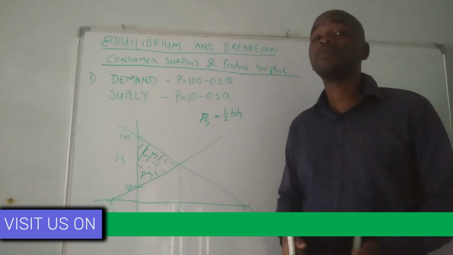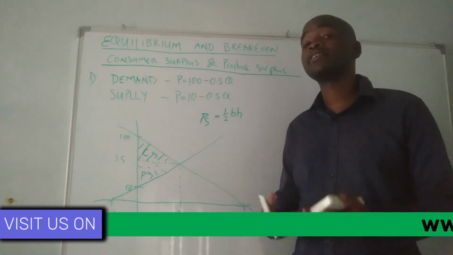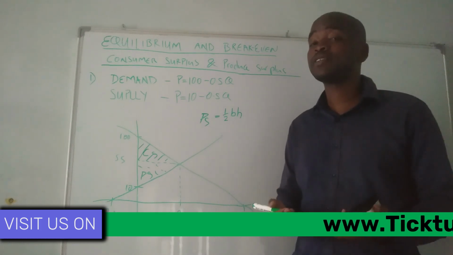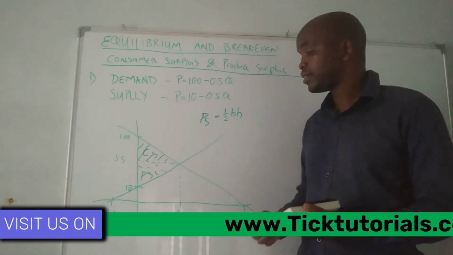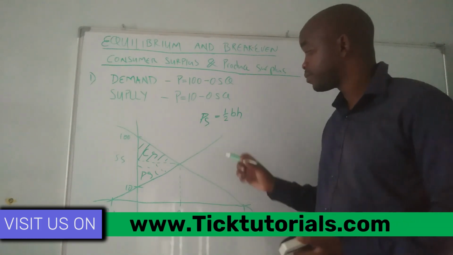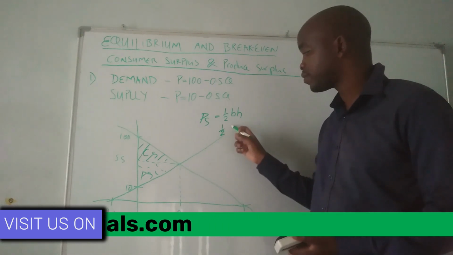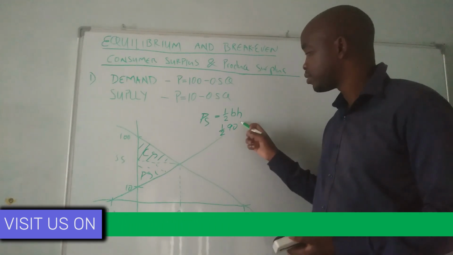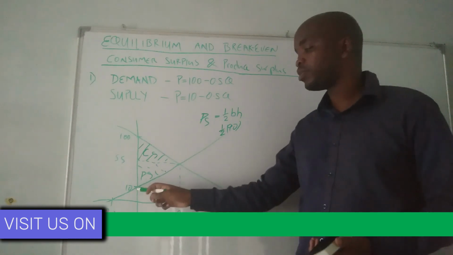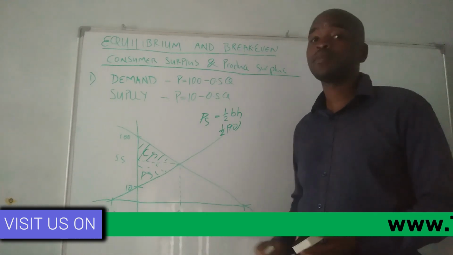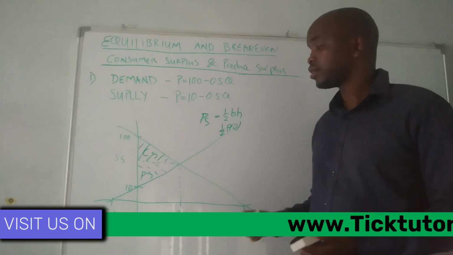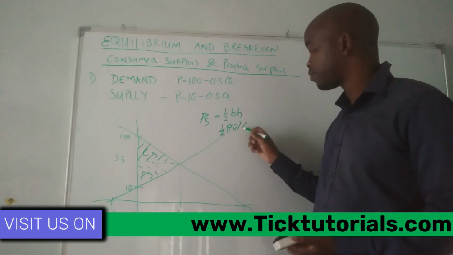The formula for the producer surplus is the same as the formula for your consumer surplus. In this case, our base will be 90. So I'm going to say half times 90 times our height, which will be 55 minus 10, which will give us 45.